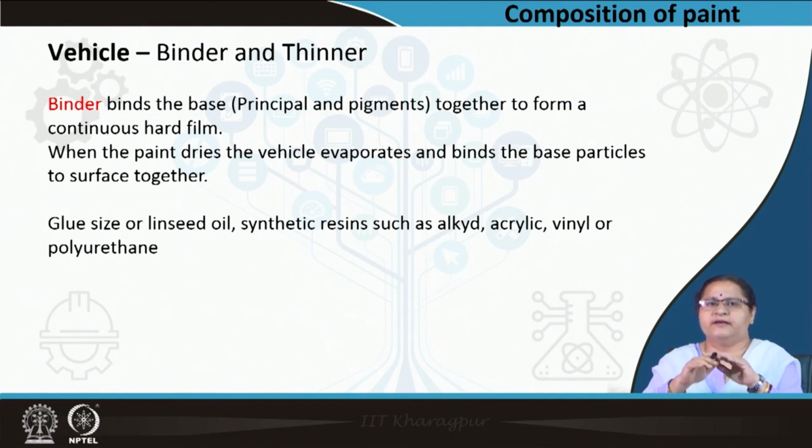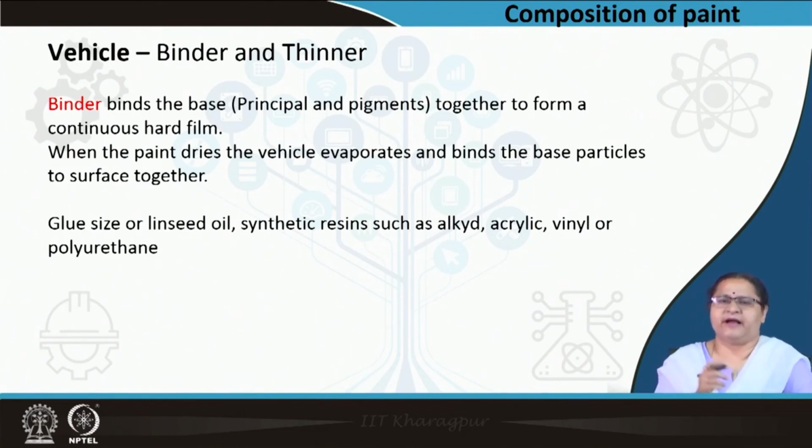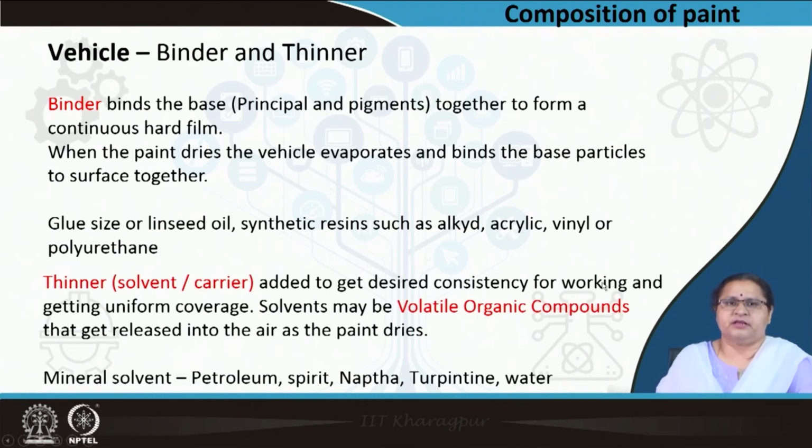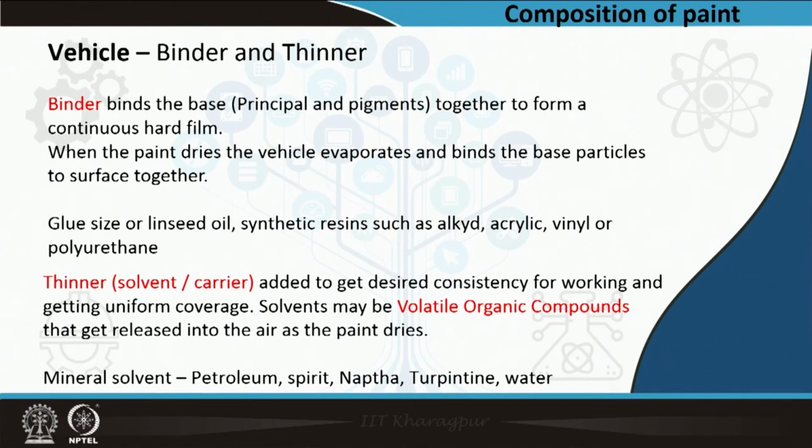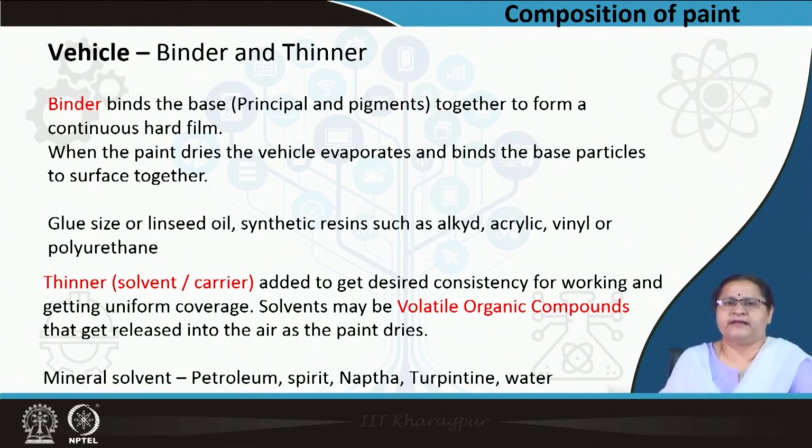So, binder or the vehicle is the carrier, but apart from the binder, if we keep on adding more of binder, the cost goes high. So, when you are working with it, you can add the thinner, which is the solvent or the carrier, and it usually is volatile in nature and also termed as volatile organic compounds or VOC.